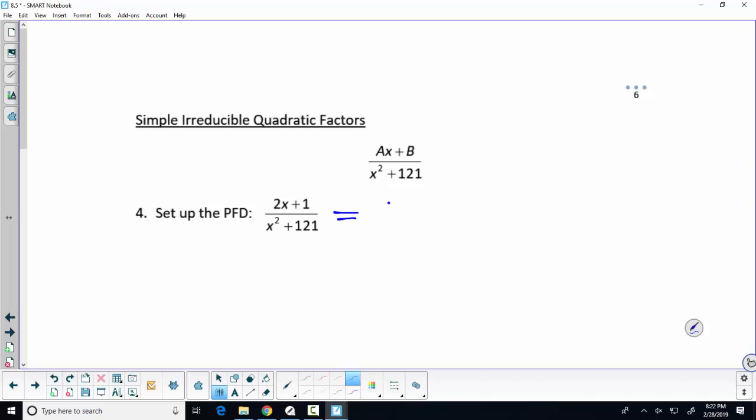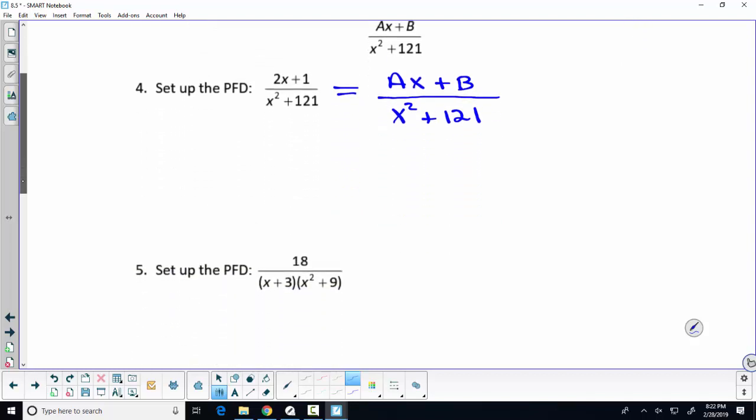We would equate this to ax plus b over x squared plus 121. And like our previous example, this wouldn't really help us out, would it? Because it tells us that a is 2 and b is 1. Kind of stuck there, but that's the idea.